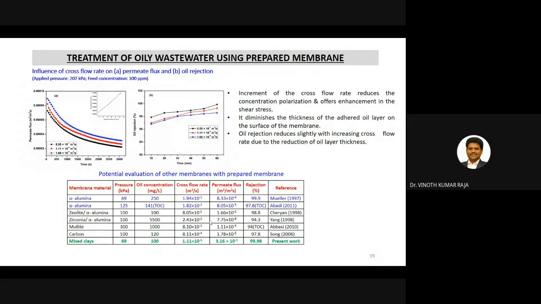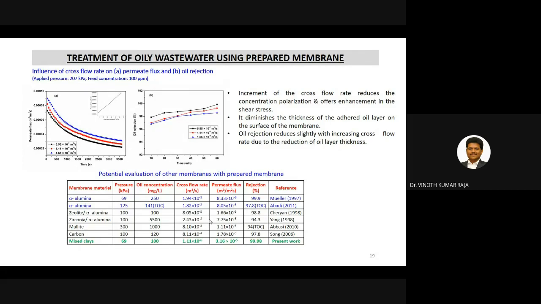Increasing the cross flow rate enhances the shear stress on the membrane surface. That will eliminate the thickness of the stuck oil layer on the membrane surface. So the higher cross flow rate diminishes the thickness of the adhered oil layer on the membrane surface.